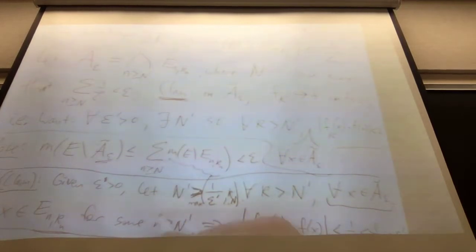For n greater than n prime and k_n greater than n prime, since it's true for arbitrarily large. I mean, A_n is the intersection of all of these. So I can find one where the k_n is bigger than n prime and n is bigger than n prime. Then for all j bigger than k_n, which is bigger than n prime, I have this condition.